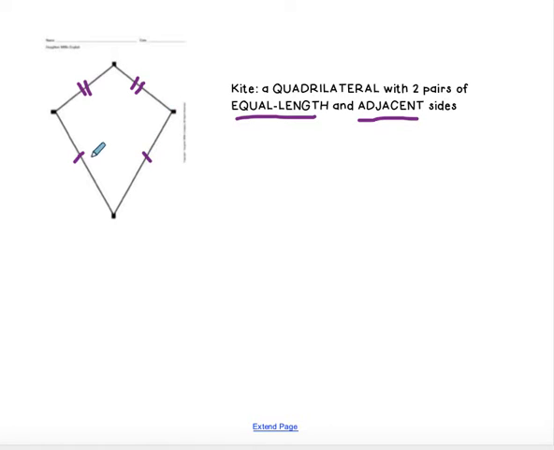So if you see a tick mark and a tick mark, that tells you without a doubt that this side and this side are the same length. And then the same thing up here. We use two tick marks up here so that we don't get confused between this pair of equal length adjacent sides and this pair of equal length adjacent sides. Okay? So again, a kite is a quadrilateral, but this one has to have two pairs of equal length and adjacent sides.